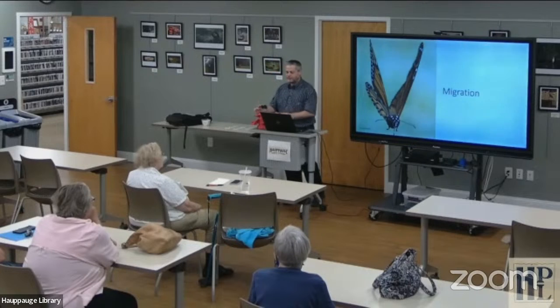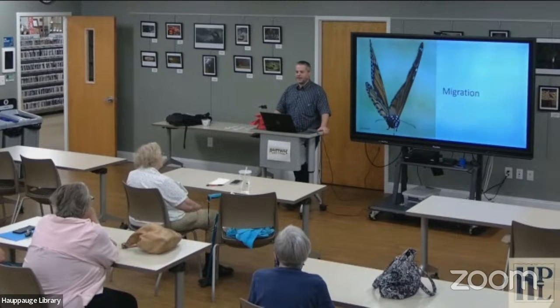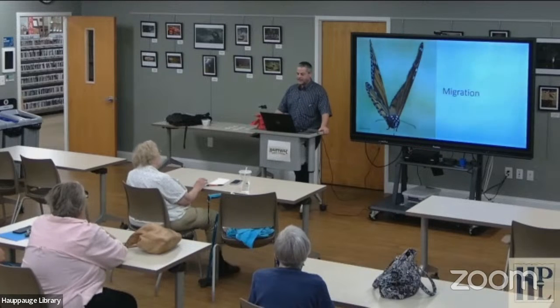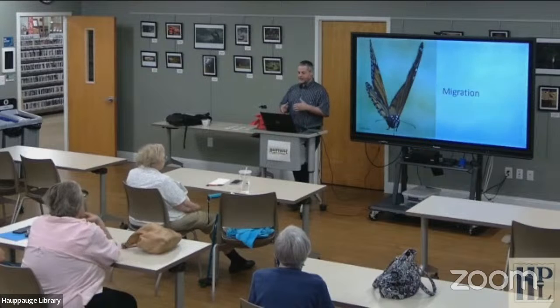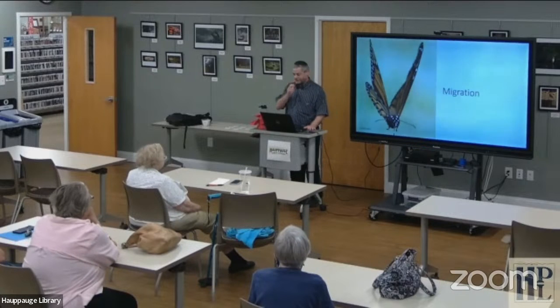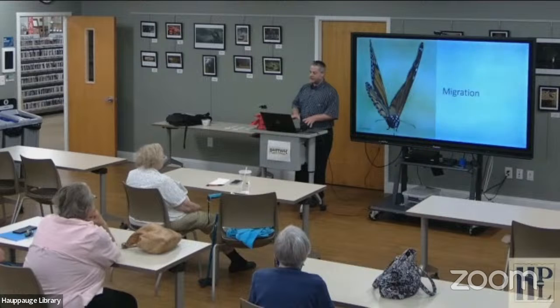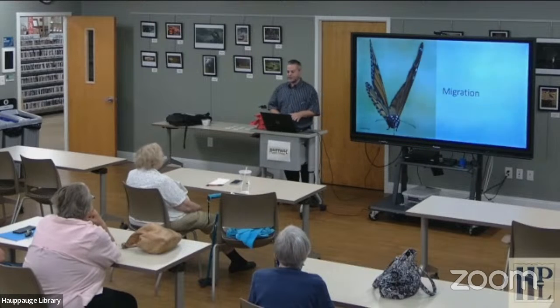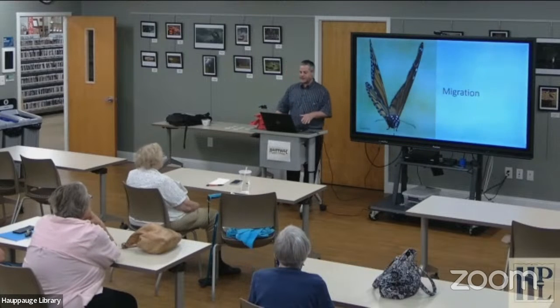So there is a connection between reproductive diapause, which is a fancy way of saying that they stop breeding during the winter time, and that's a seasonal state which is connected to their migratory behavior. And both the migration and the reproductive diapause are associated with decreasing daylight hours, fluctuating temperatures, and a decrease in the amount of nitrogen available in their host plants.